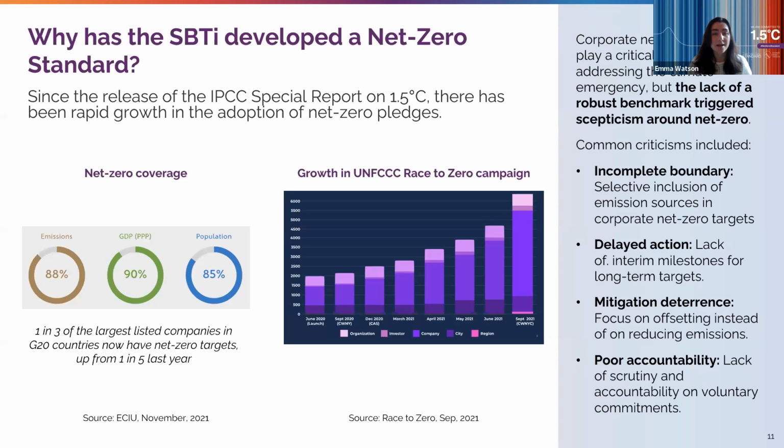What this graph demonstrates is the amount of non-state actors, so it includes not only companies, but cities, regions, and other organizations that are committing to net zero through the Race to Zero campaign. And this is before COP26. So you can see that these numbers are growing exponentially over that time.